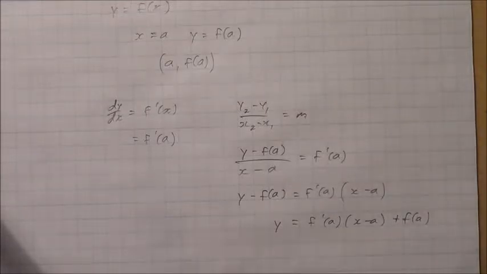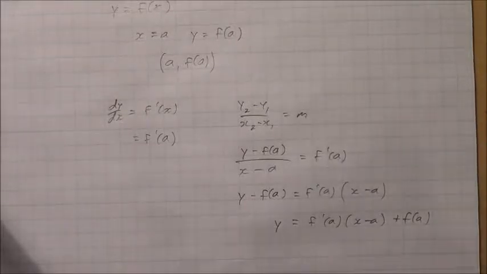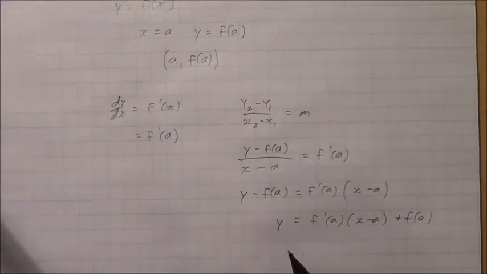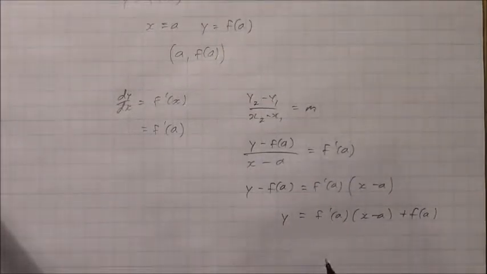Okay, so that's all in general terms. We're going to take a little example to see how this all works. Now, when we find the normal, the gradient of the curve at the point of tangency is going to be the same as the gradient of the tangent line itself at that point.